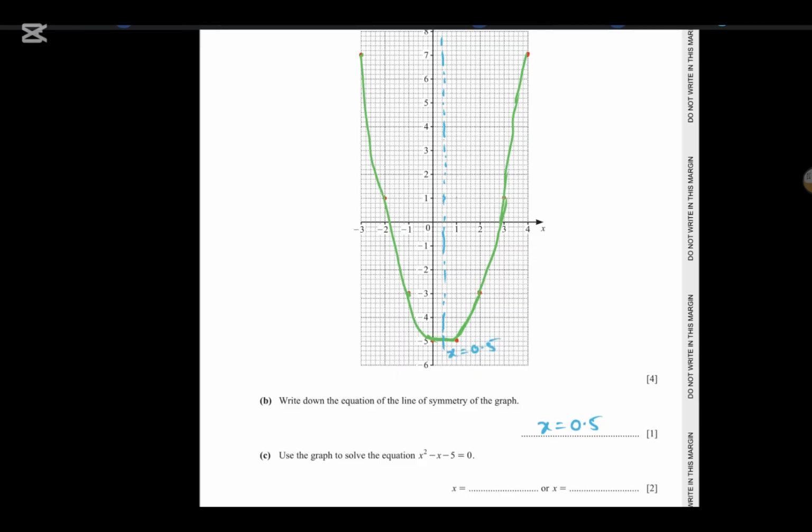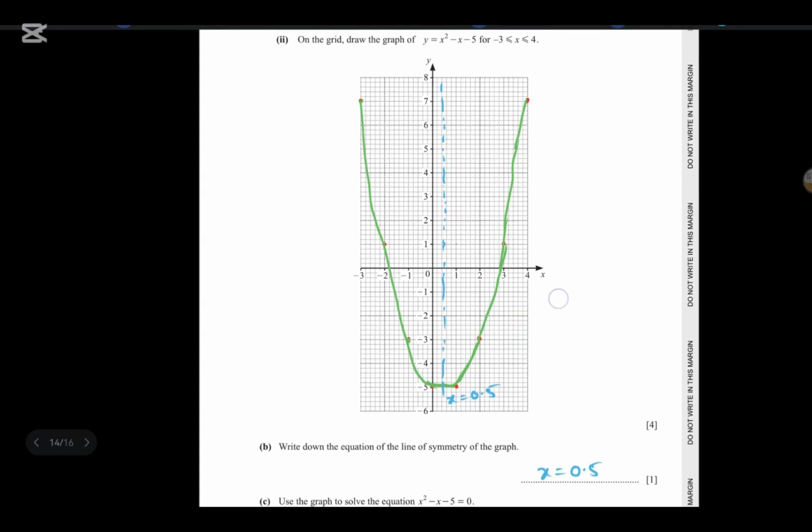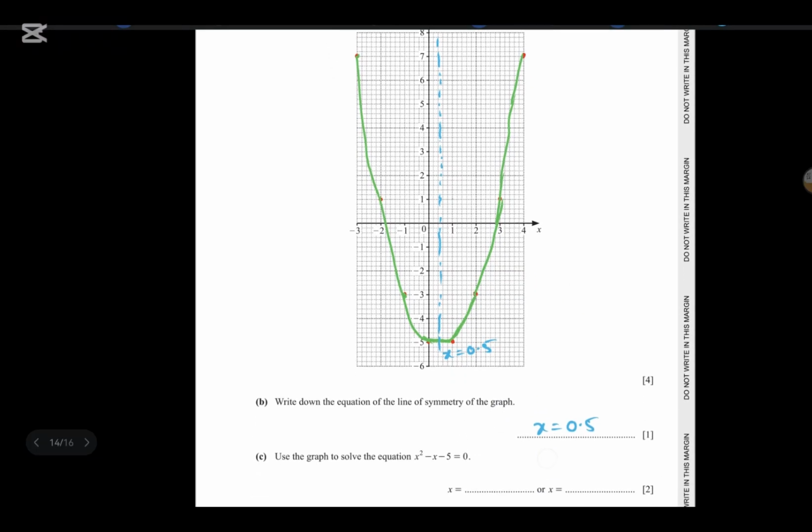Then use the graph to solve the equation x square minus x minus 5 is equal to 0. So we have been given y as x square minus x minus 5, that is y is equal to the equation. So now here it is given as 0. So take y as 0. y as 0 is this line.